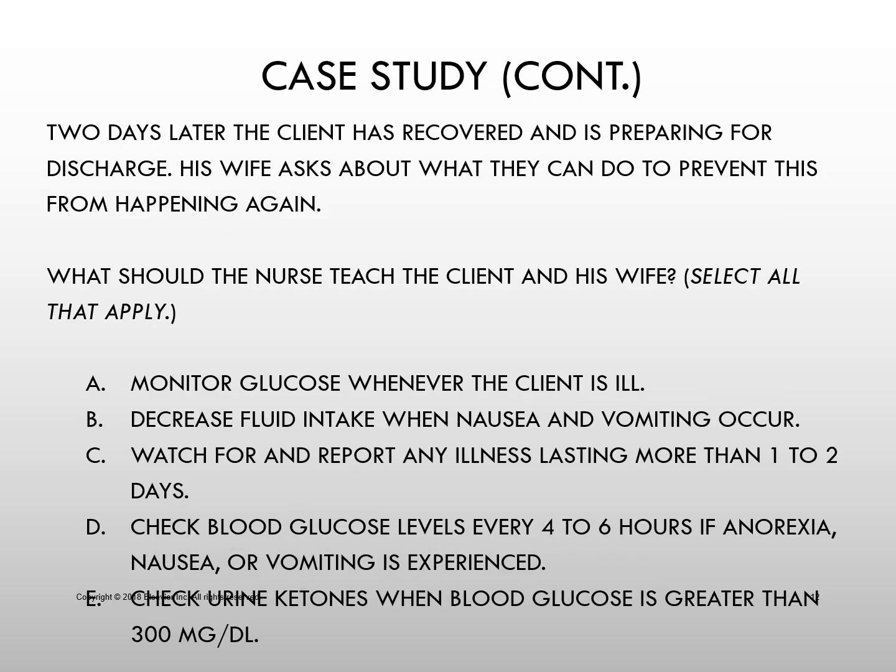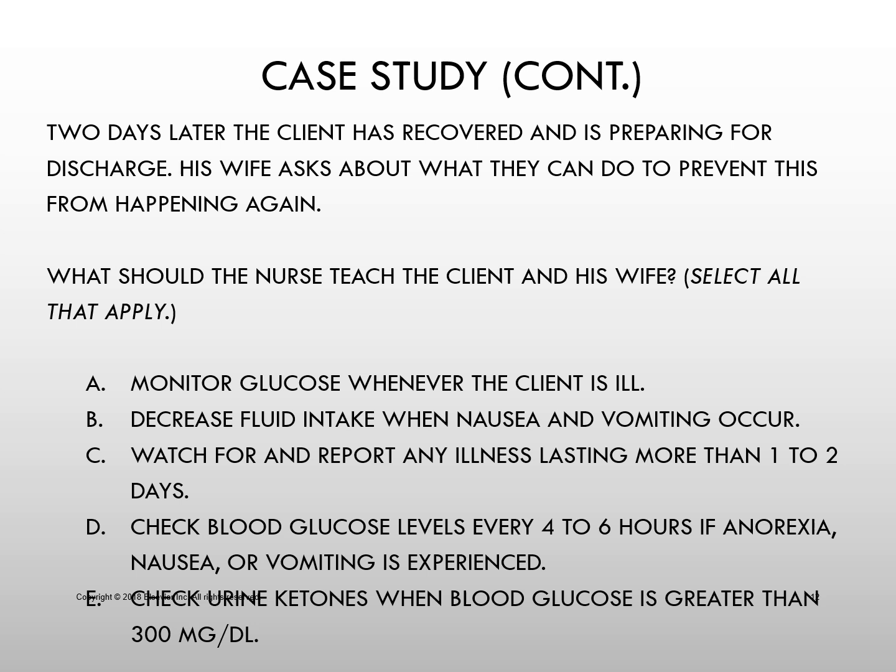2 days later, the client has recovered and is preparing for discharge. His wife asks about what they can do to prevent this from happening again. What should the nurse teach the client and his wife? Select all that apply. Is it monitor glucose whenever the client is ill? Decrease fluid intake when nausea and vomiting occur?